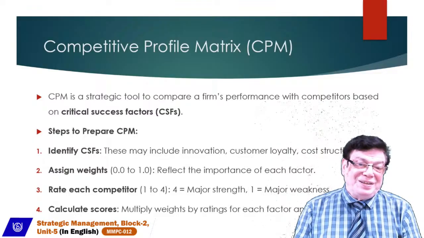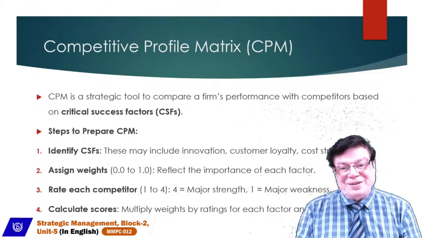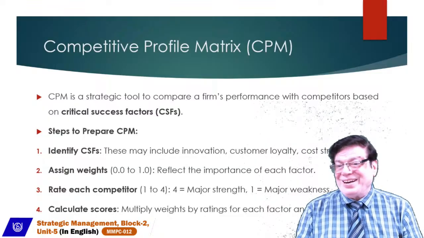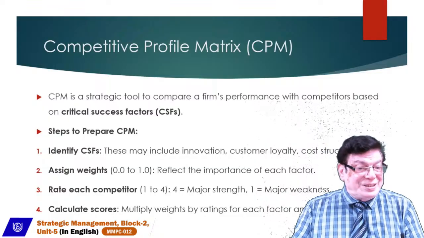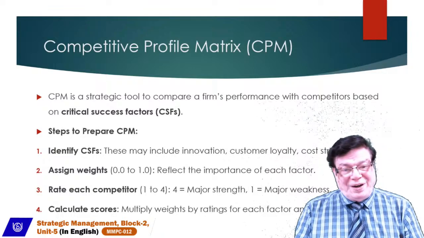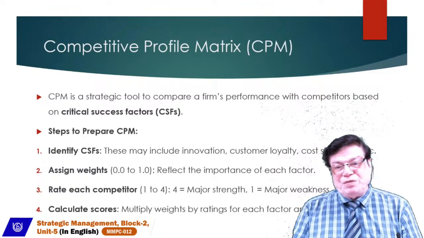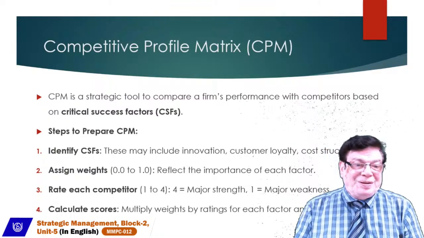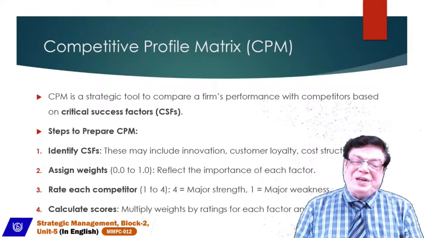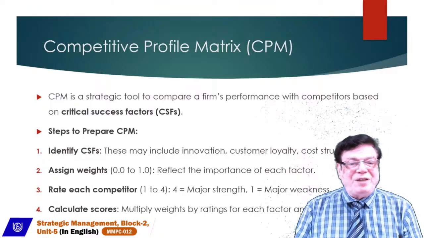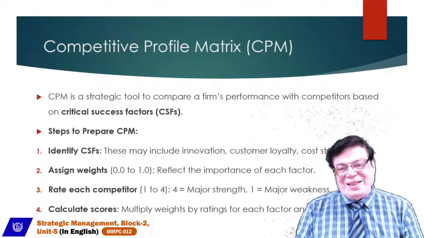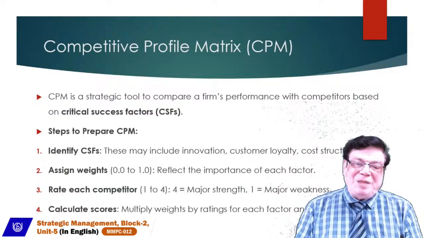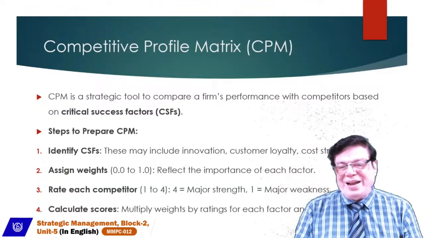Critical factors may include innovation, customer loyalty, cost structure, etc. Then assign weights 0 to 1 to reflect the importance of each factor. You give the weight. Then rate each competitor from 1 to 4. 4 is major strength and 1 is major weakness. Then calculate scores, multiply weights by ratings for each factor, and then sum up.